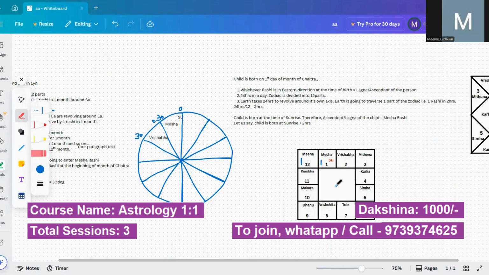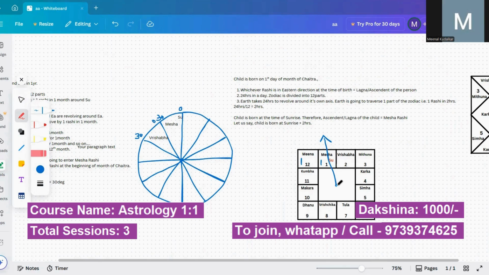So earlier we said this is the eastern direction, when the child is born at sunrise time. Now, if the child is born at sunrise plus 2 hours, then the sun would have moved 2 hours up in the sky. So Mesha Rashi also would have moved 2 hours up in the sky. The next Rashi would be Vrishabha Rashi.